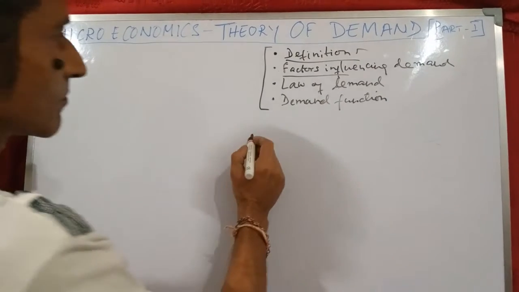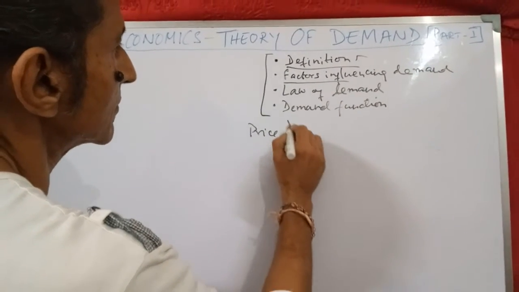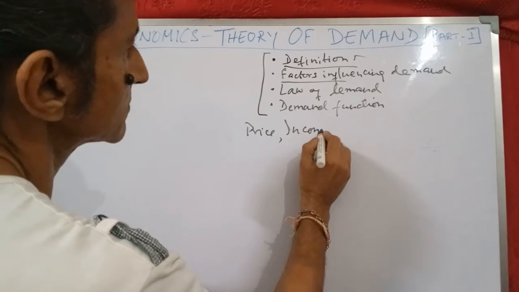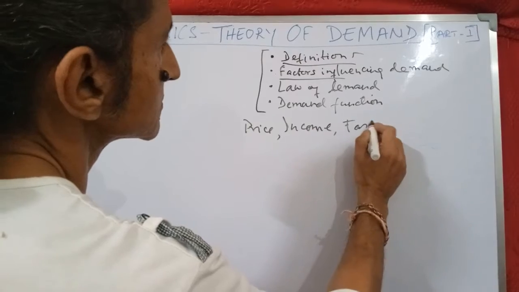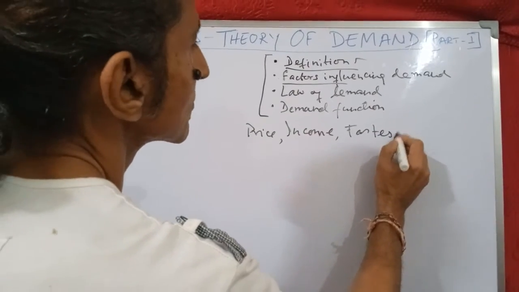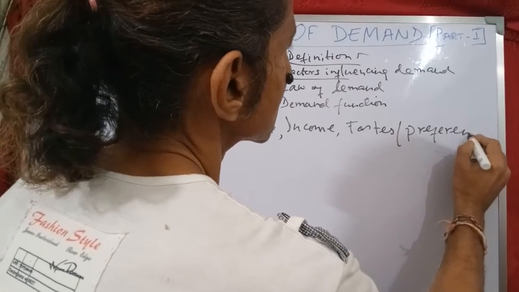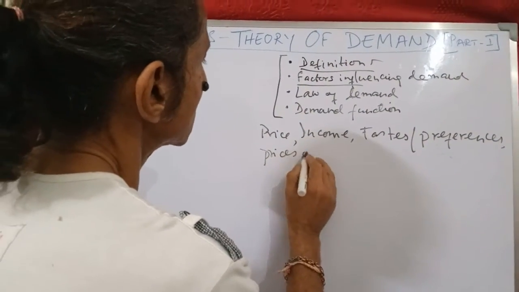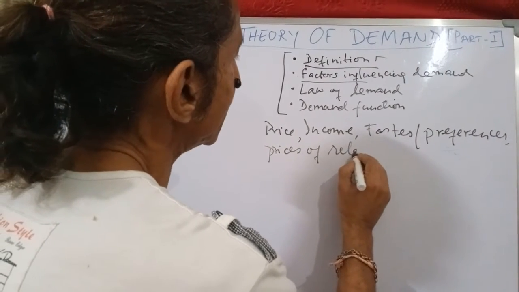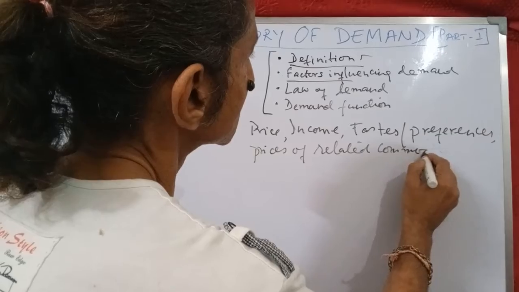These are price of the commodity, income of the consumer, tastes, preferences, prices of related commodities.